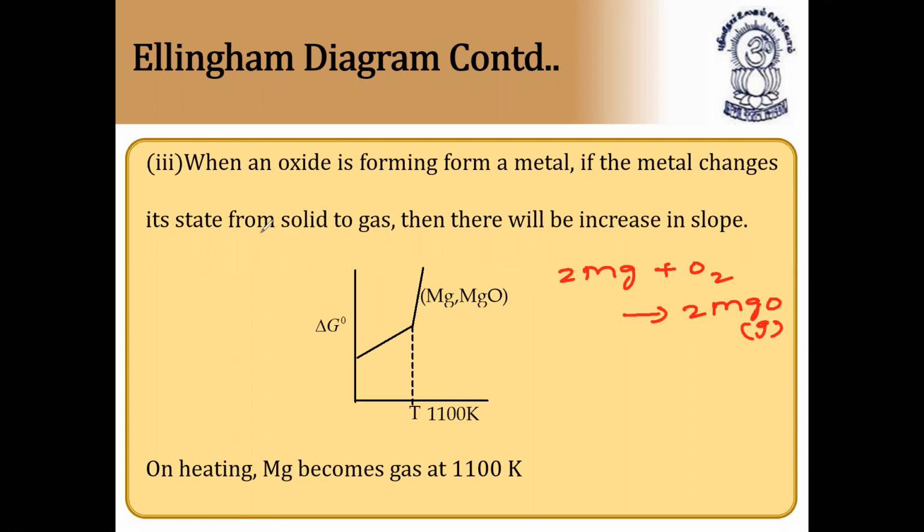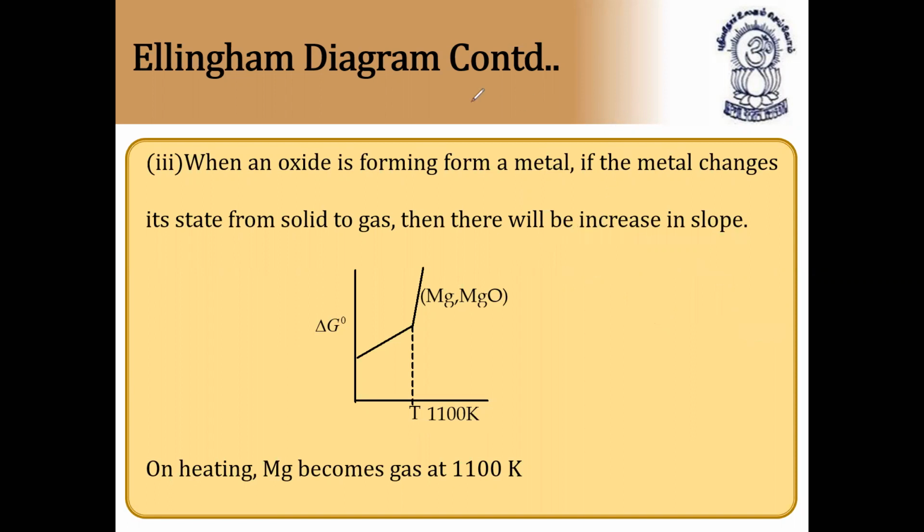So if a gas is formed, there will be an increase in slope, and this line indicates the temperature, 1100 kelvin. So the additional point: when an oxide is forming from a metal, if the metal changes its state from solid to gas, then there will be an increase in slope.